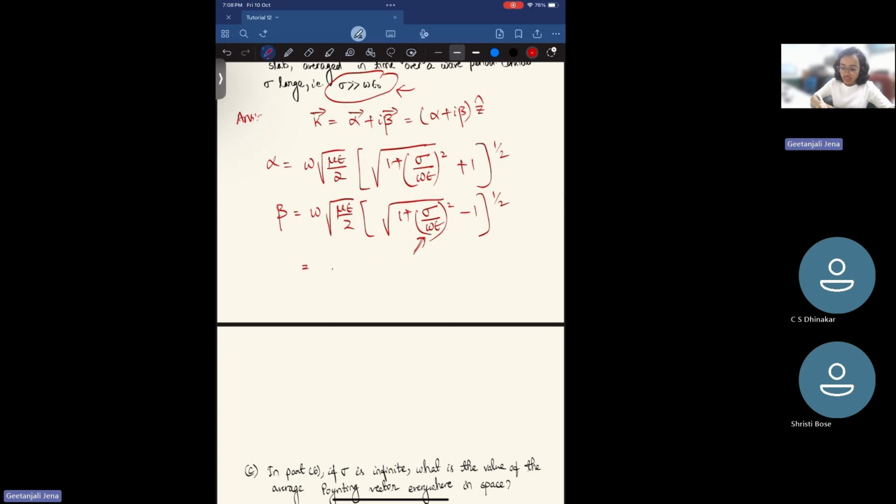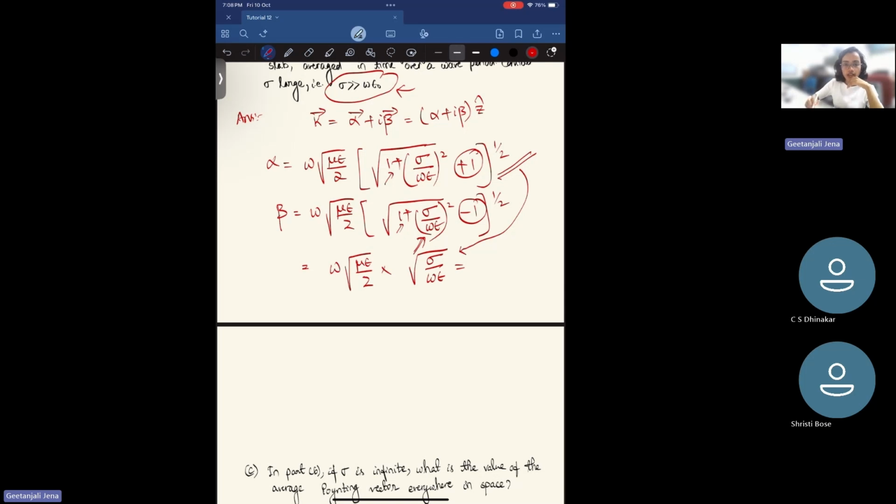So that means you can write it as omega times square root of mu epsilon over 2 times square root of sigma by omega epsilon. Similarly, for alpha also you can make the approximation and you will get the same value, because we are neglecting this plus and minus one since sigma is very large.